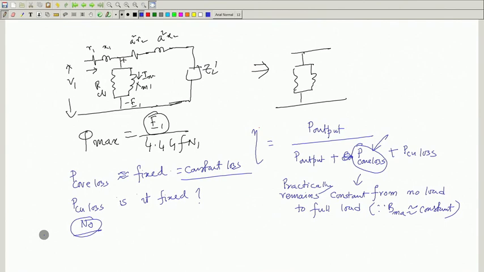As you change the load, the current I2 and I2 dash will change. What do you mean by loading? From no load condition, I will draw the actual diagram, Z2, you are varying Z2 to vary the load on the transformer.